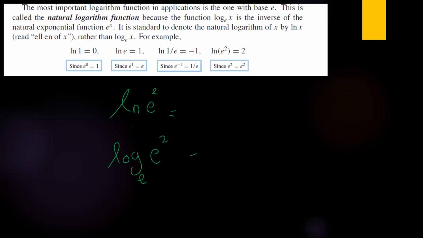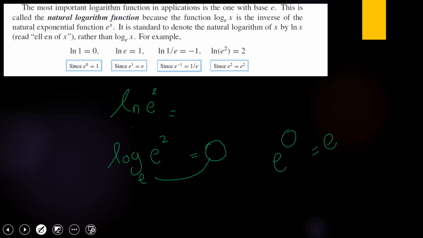Now let's find the last one here: ln of e squared. Here, ln is the logarithm to the base e of e squared. So what does that mean? What is the number that if I raise e to it, I get e squared?